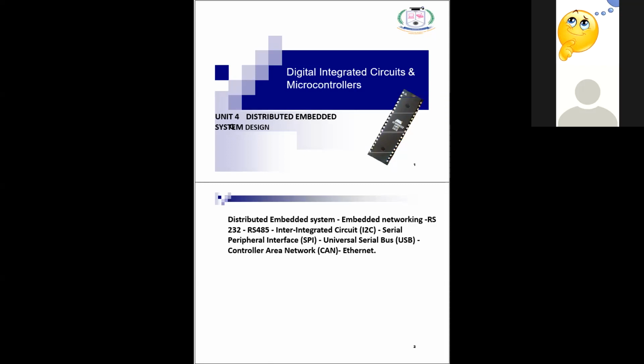Robert Bosch is the designer of this CAN. Ethernet is still very popular for connecting LAN, WAN, and all. USB is also developed according to some IEEE standards. Ethernet is also developed by the IEEE standards.